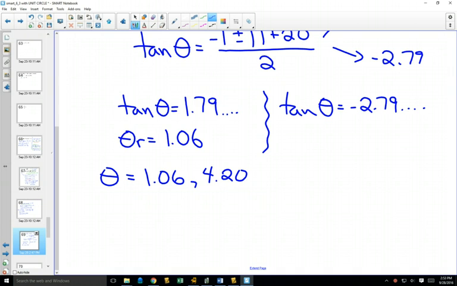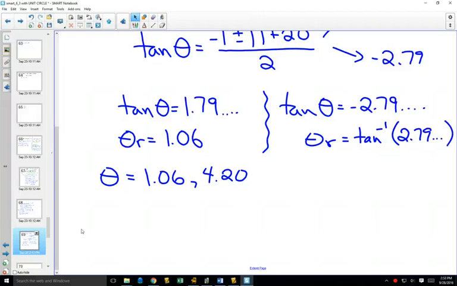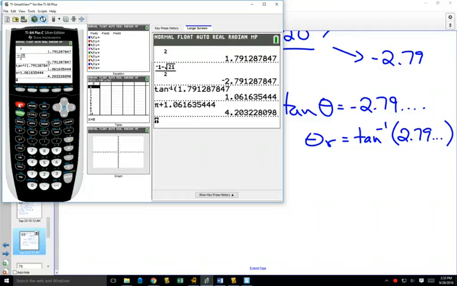For our second tan value, again, we're going to need to find our reference angle. Again, we do tan inverse of the positive value. So I go to my calculator, tan inverse, have to go up.